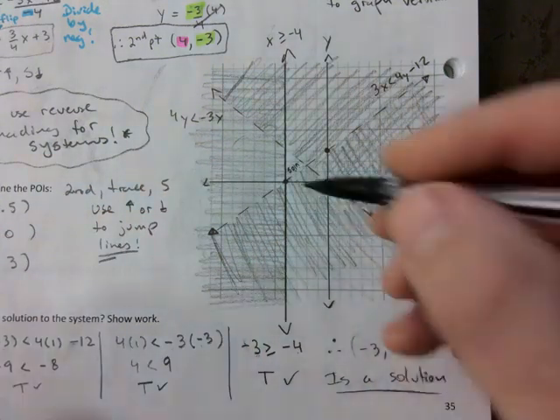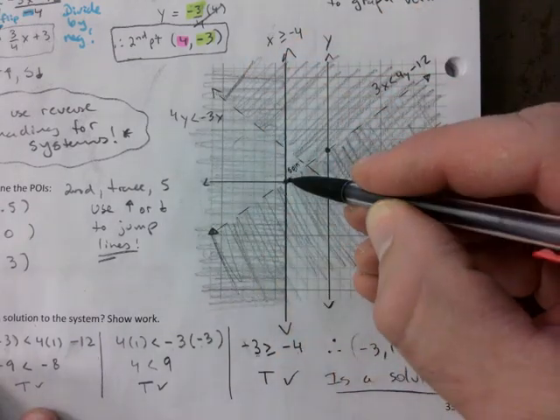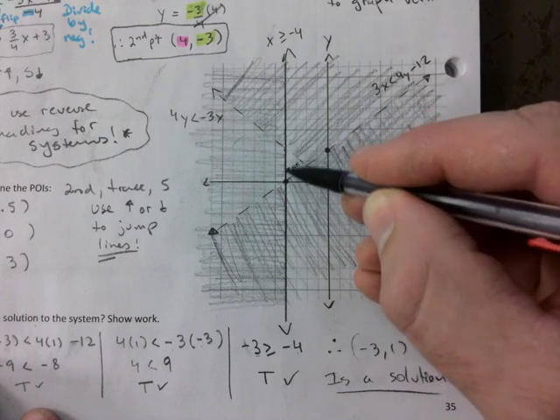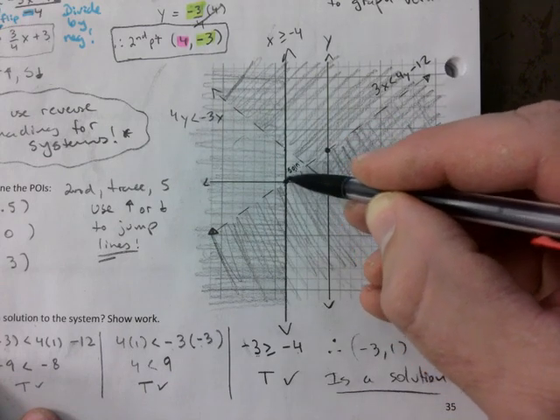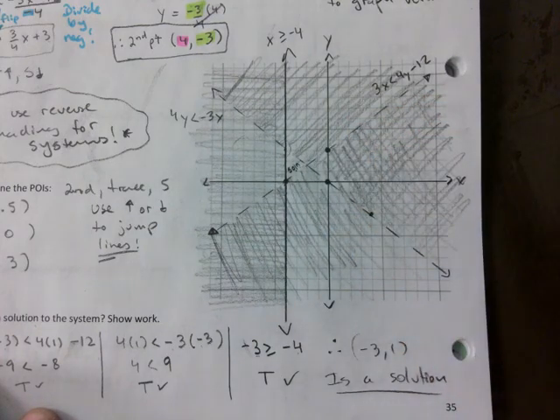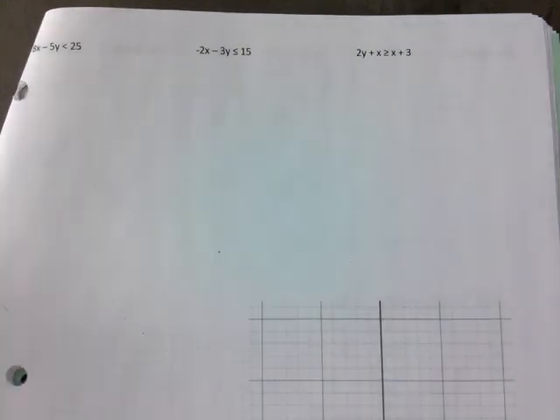How many corner points would you have had if this is your solution region? The answer is only these two. It's only where the boundary lines connect. So don't always think it's 3, it's 3, it's 3. It's not always 3, okay? So watch carefully what the situation is telling you, okay?